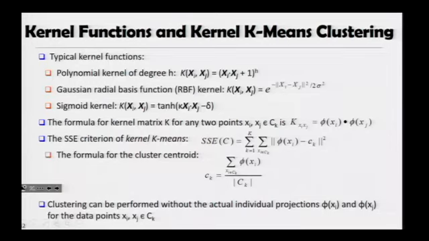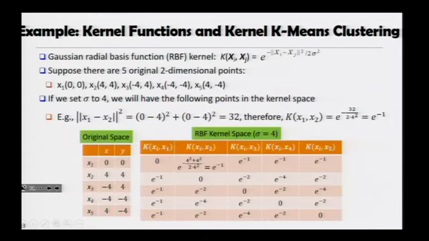So that's just my 2 cents on this. This slide gives you a more concrete walkthrough on how we compute the kernel similarity values. As you can see, if you pick the Gaussian radial basis function, the RBF kernel here, then suppose we are trying to cluster 5 data points, and each of these data points is in a 3-dimensional space.